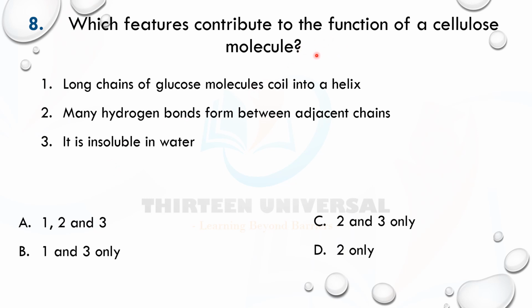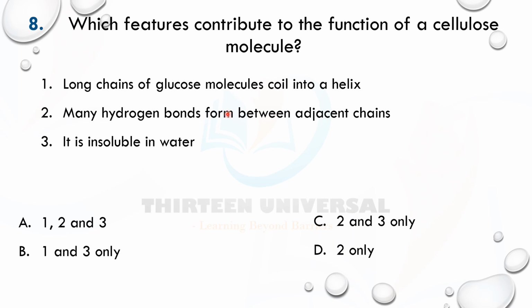Cellulose is a structural polysaccharide, it's part of the cell wall of plants, so it helps to provide strength and support. Now, long chains of glucose molecules called a helix is not why it's able to provide support, but it has many hydrogen bonds. So we have many hydrogen bonds linking the cellulose molecules. Each molecule of cellulose consists of a chain of beta glucose molecules rotated at 180 degrees.